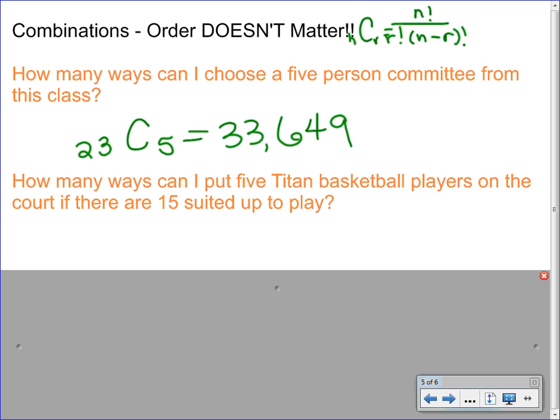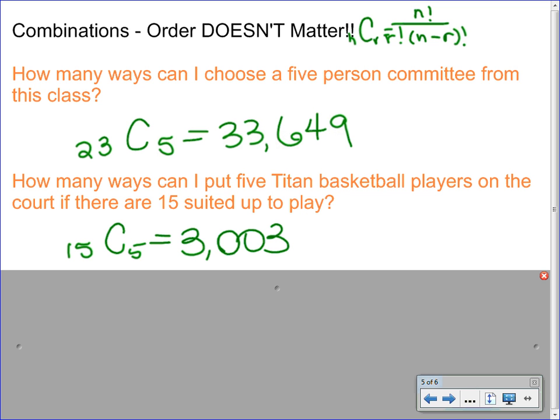If I said 1 post, 2 guards, 2 wings, whatever, that is when order would be important, and position has not been mentioned. So how do I write this? 15 combinations of 5. 3,003.